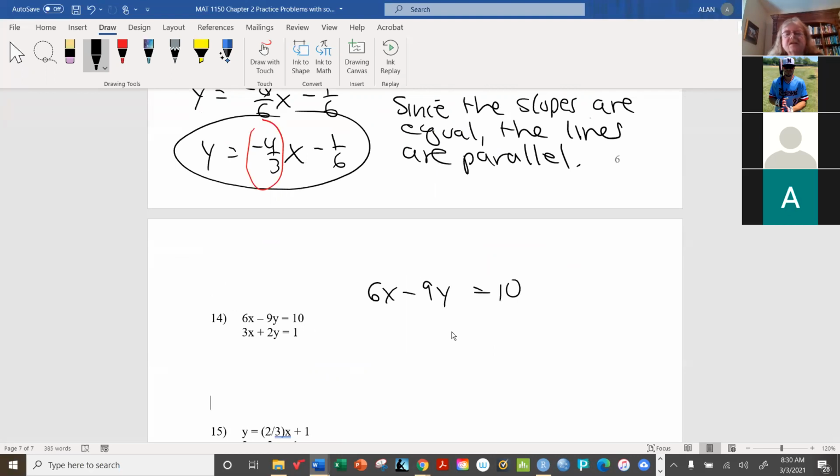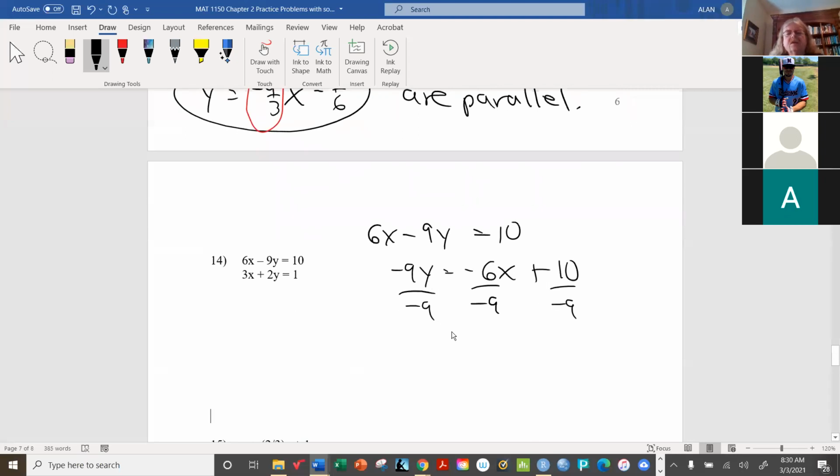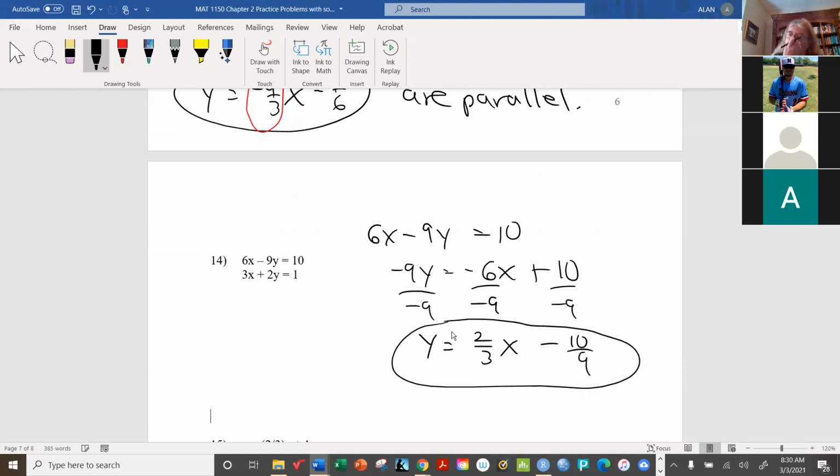I'm going to subtract this 6x from both sides and divide out the -9. So y equals, now here the ratio of -6 to -9 is actually 2/3. And then here I have -10/9. Again, we're not too concerned with the intercept. The second line: subtract that 3x, divide out the 2.